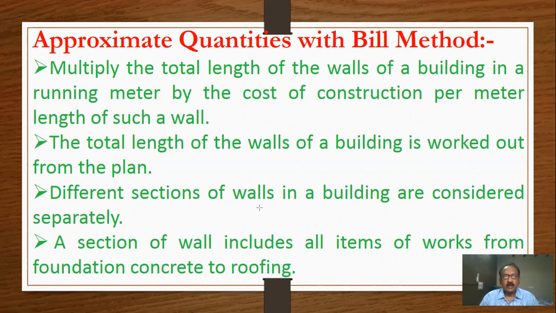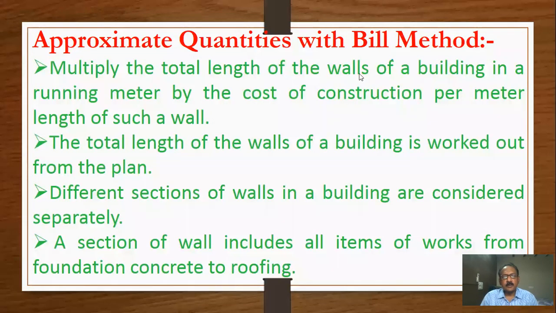This section includes, say, maybe windows or doors or shelves or anything. So this approximate method, the bill method, is one of the methods in calculating approximate quantities.